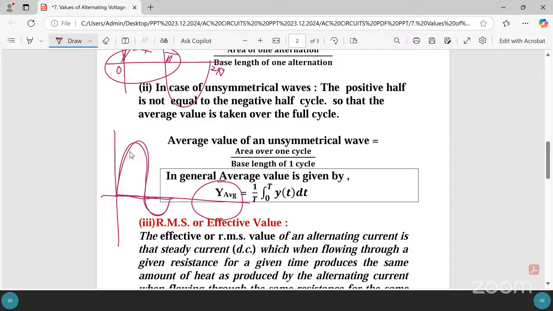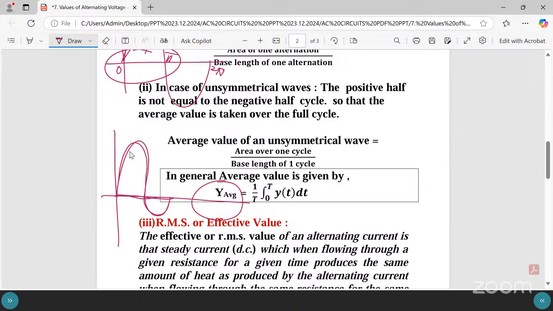If it is symmetrical, the time period is pi. Remember this: while doing the problem, check the waveform, then apply the formula. If it is symmetrical, the time period is pi; unsymmetrical, 2 pi. That is what you have to remember for average value calculation.